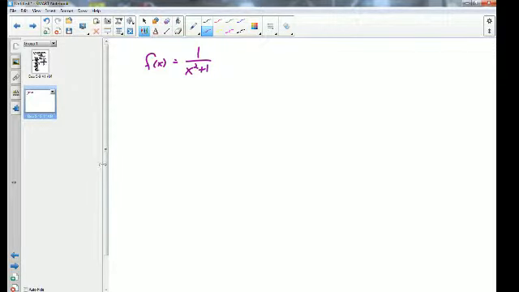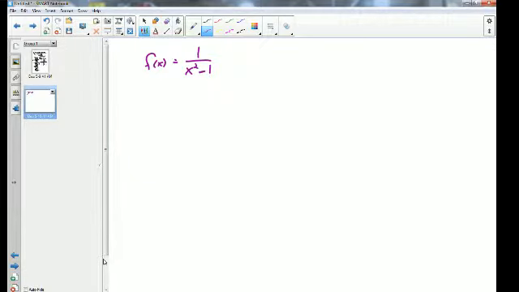The book's negative 1, but it doesn't matter. Same process for this one. Let's definitely make that negative 1.